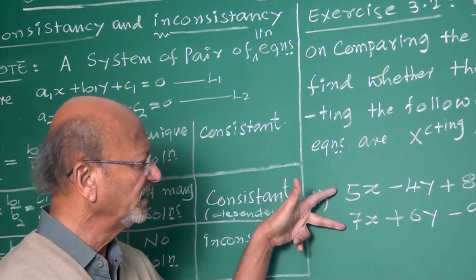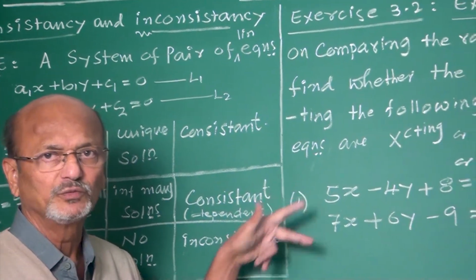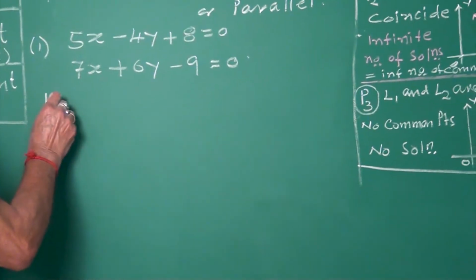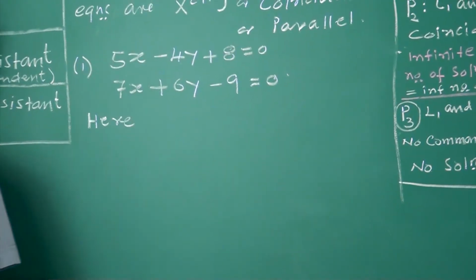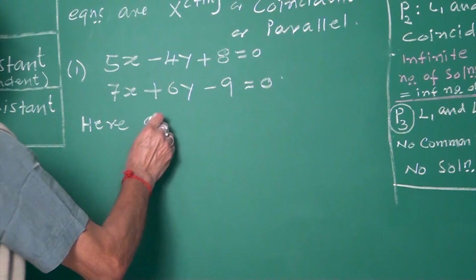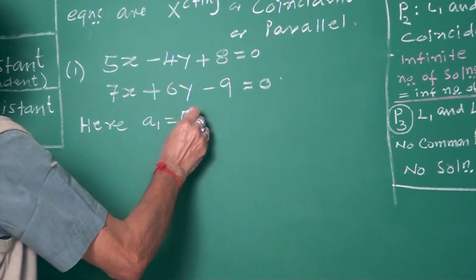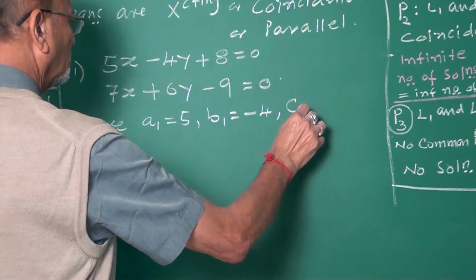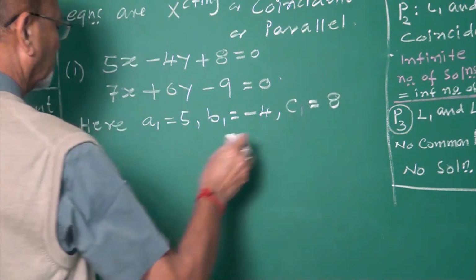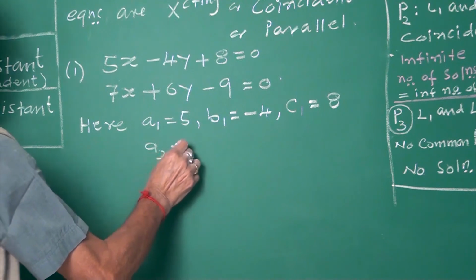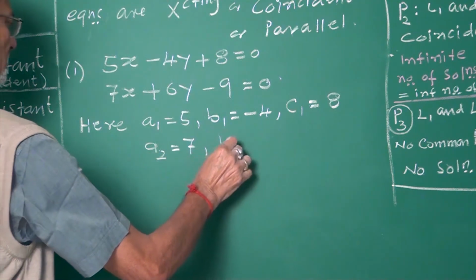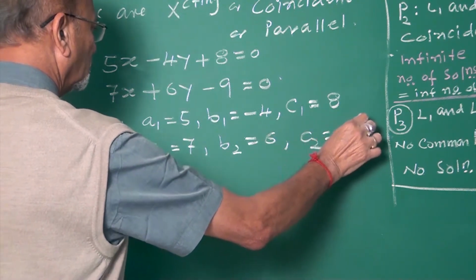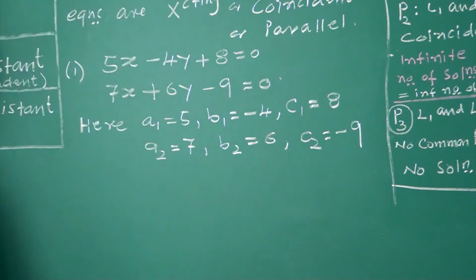A1 upon A2 means the coefficients of x. Here A1 is 5, B1 is minus 4, C1 is 8, A2 is 7, B2 is 6, C2 is minus 9.